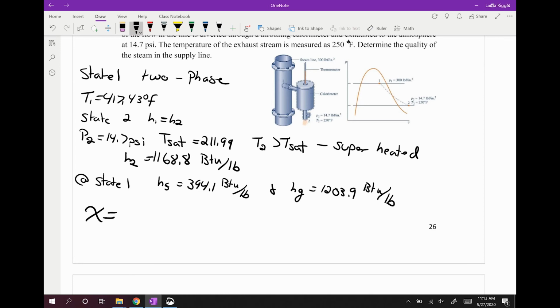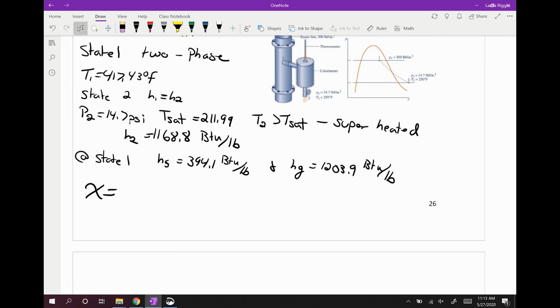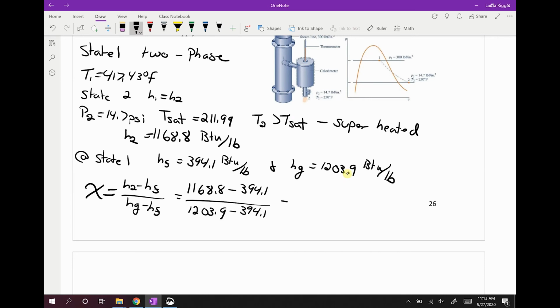So our quality is H2 minus HF over HG minus HF, which equals 1168.8 minus 394.1 over 1203.9. We have our quality is 95.7%.